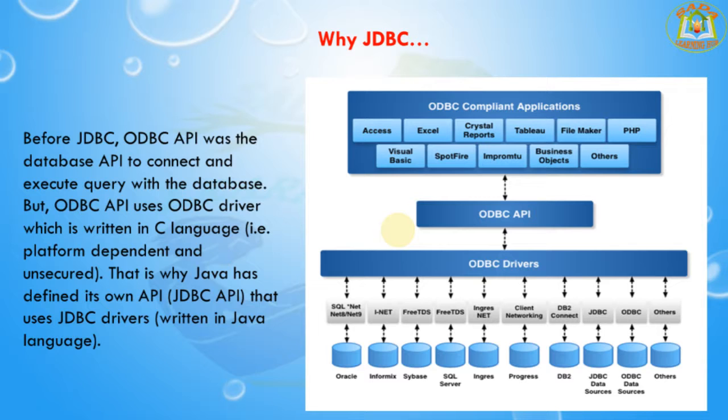The JDBC specification-related API comes in the form of java.sql and javax.sql packages. The javax.sql package contains RowSetEvent and ConnectionEvent classes, and also DataSource and RowSetListener interfaces. Remaining all are available in the java.sql package.